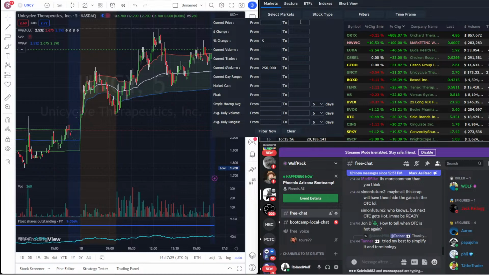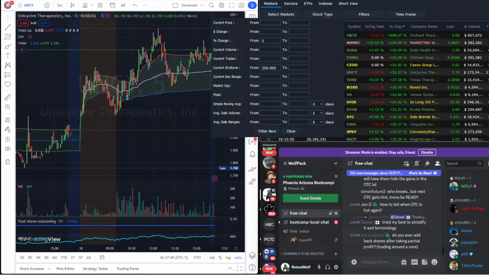Like I said, if I know it's 20-cent stocks running, I'll cap it at $1. And then the only other thing I really do is change the percent change. Sometimes I'll take that all the way off so I can see percent losers. And dollar volume. Dollar volume is the main one. It's liquidity. I can narrow down the stocks that are trading a lot of volume, and that'll leave me with the most tradable stocks usually.